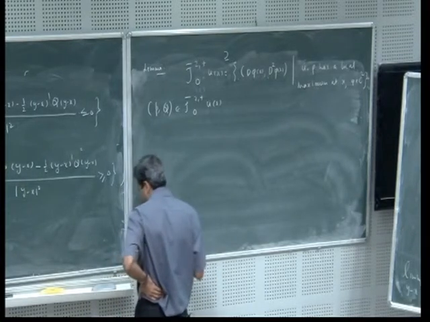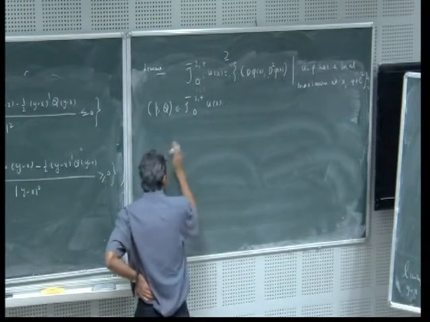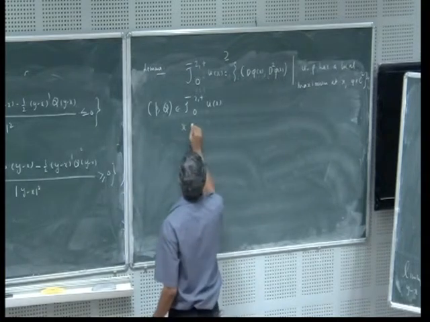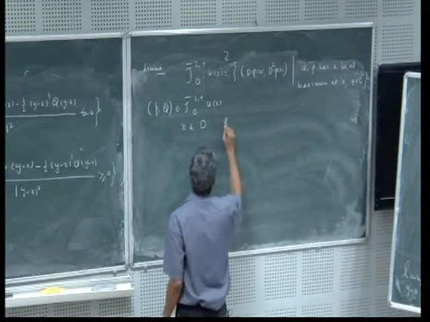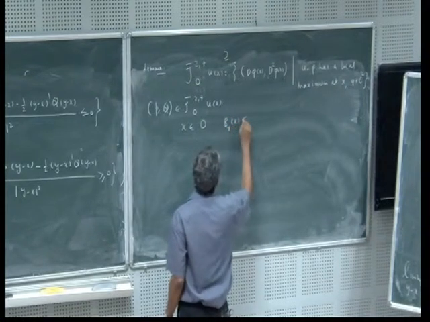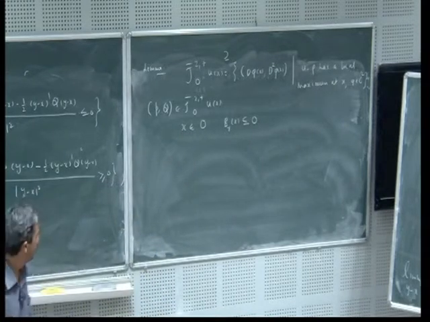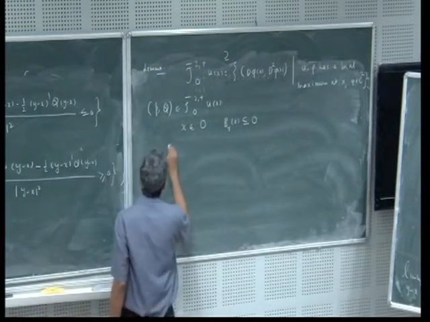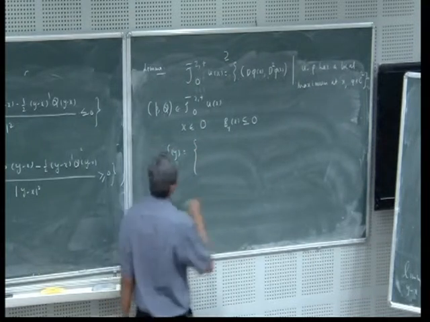I will only sketch it. You fix your x, which is in O. First take an R ball which is sitting in O, and you restrict there, and on this R ball you define the function f of y using that.